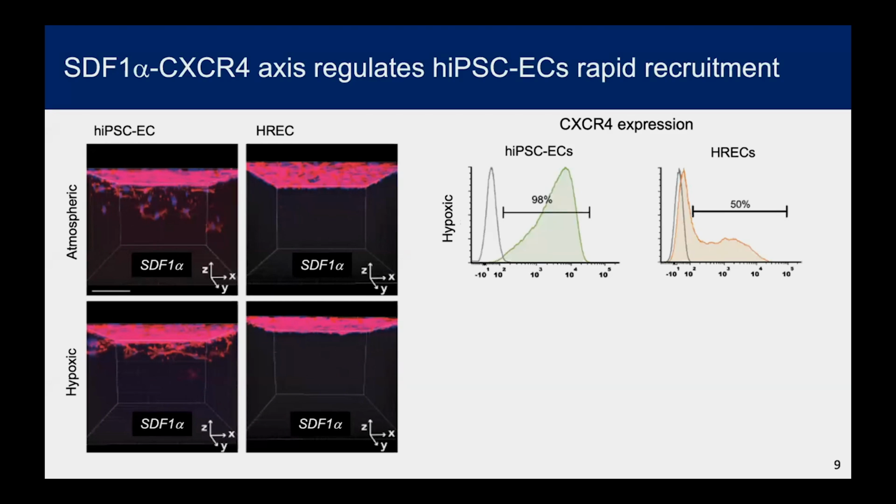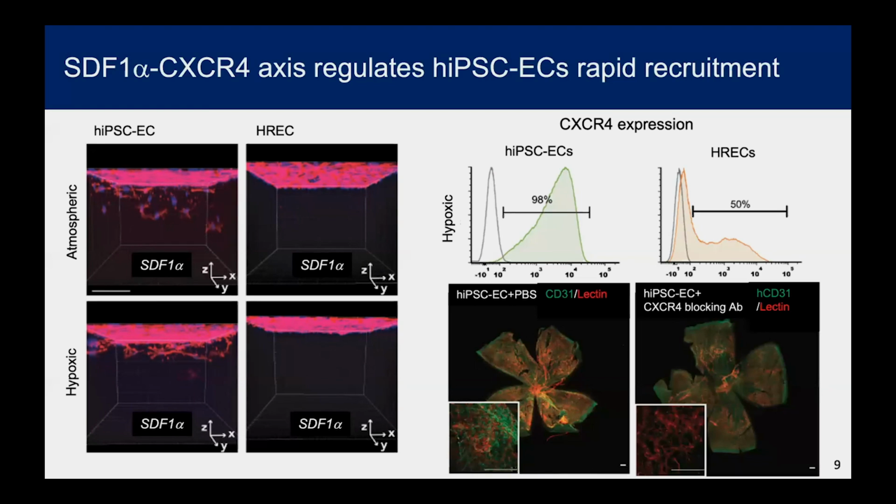Indeed, she found in the hypoxic conditions that our iPS derivatives express the receptor for SDF1 alpha, CXCR4. And indeed, when we inhibited CXCR4 using a blocking antibody in vivo, when we injected it along with the cells, we see much less integration of the human vasculature with the host vasculature.